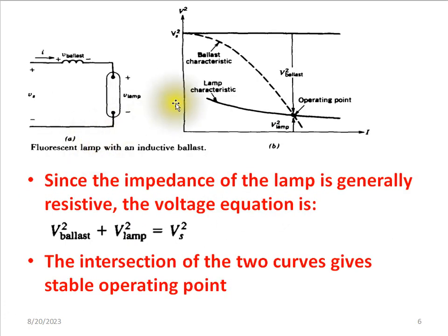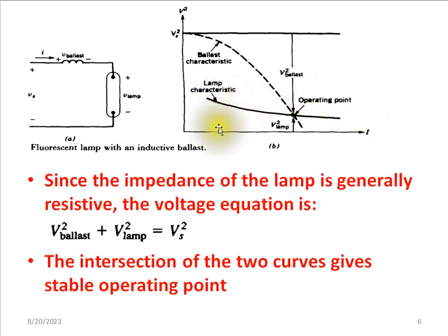And for us to see that, this is the typical circuit diagram. This is my fluorescent lamp, and I connect my ballast, that is the choke, in series with the lamp in order to address the problem of that negative resistance. And as you can see from this curve, this is the curve representing my lamp.